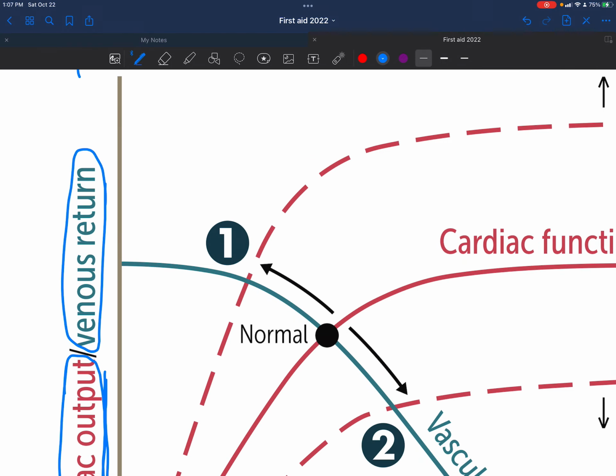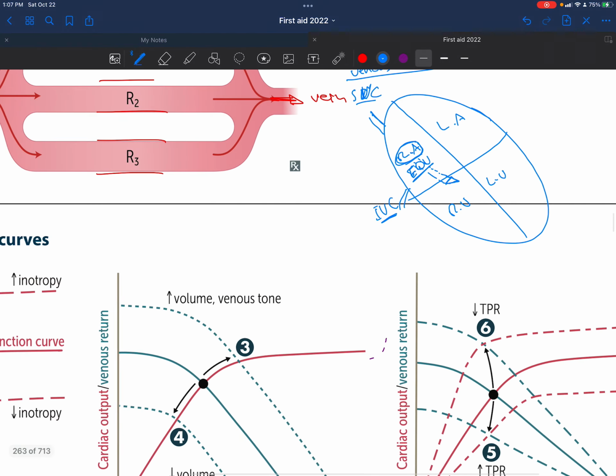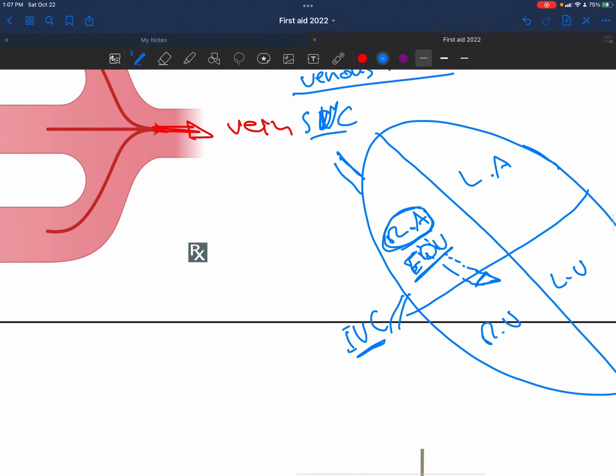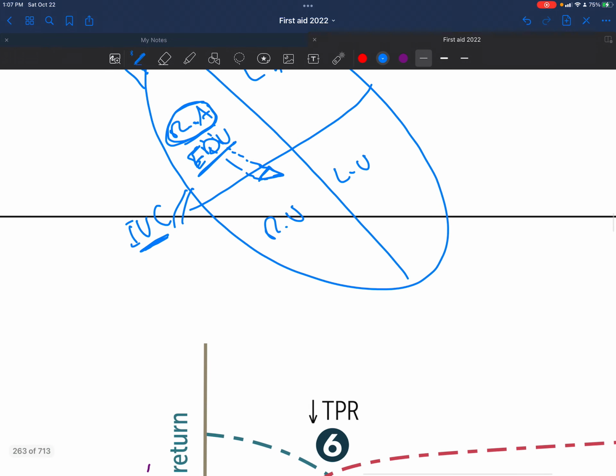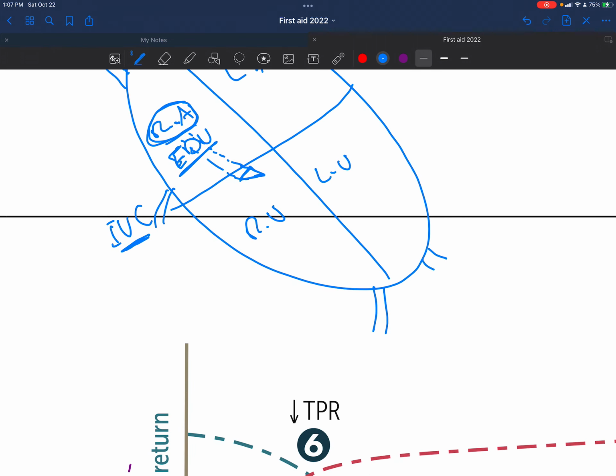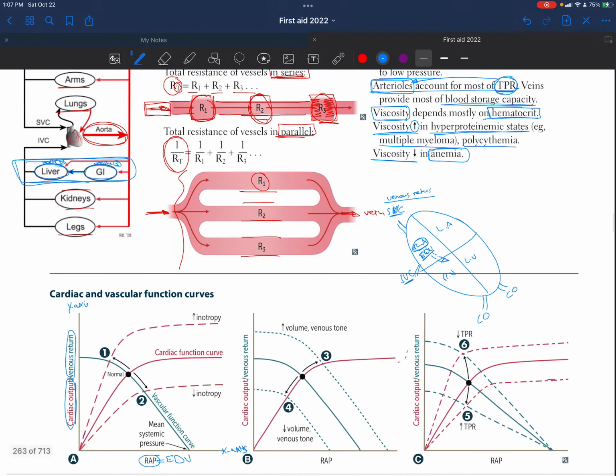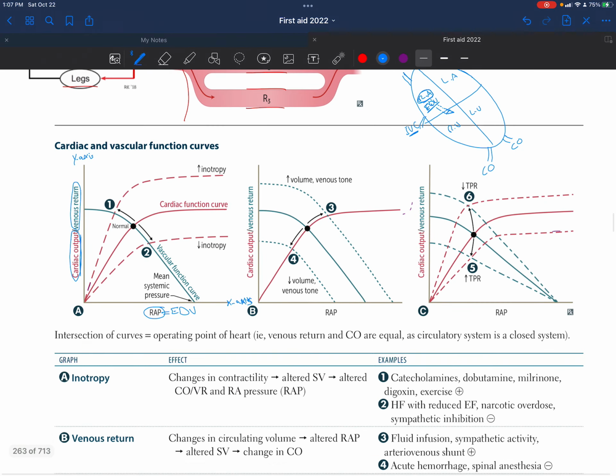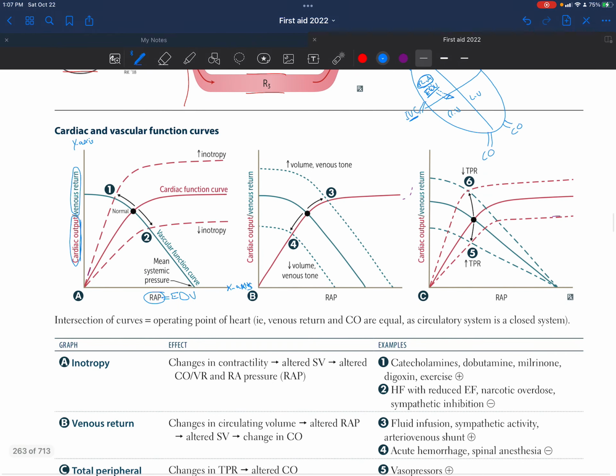And sometimes in the other graph, it would represent the venous return. So the venous return is, just as we said, the blood coming back to the heart through the superior vena cava and through the inferior vena cava. Well, as we said, the cardiac output goes through the two main arteries coming out of the heart, the aorta and the pulmonary artery. So that's the cardiac output, okay?